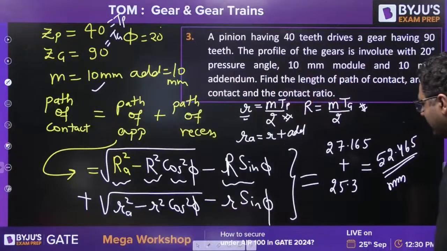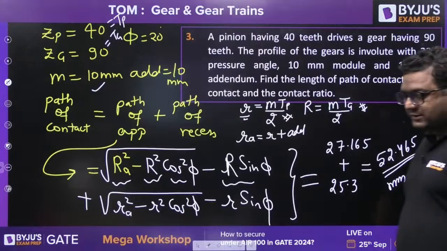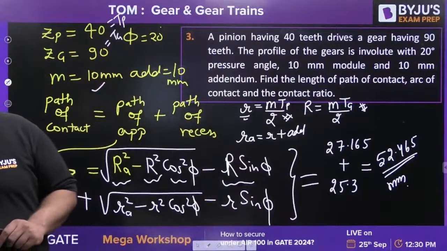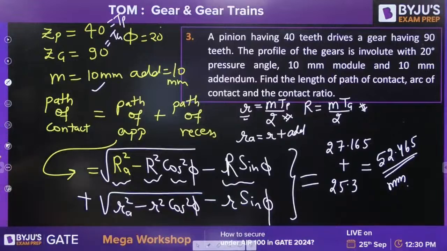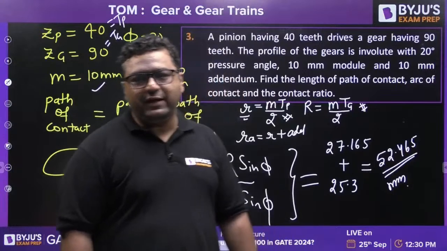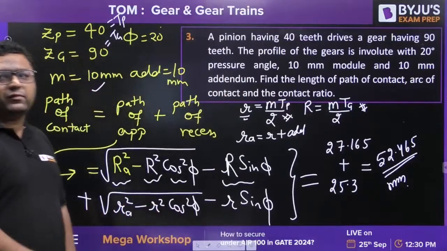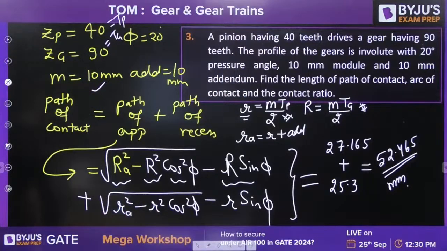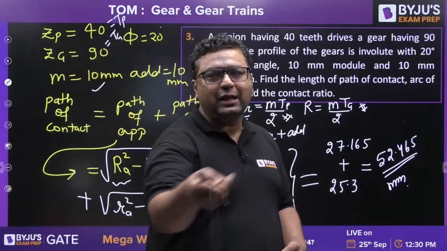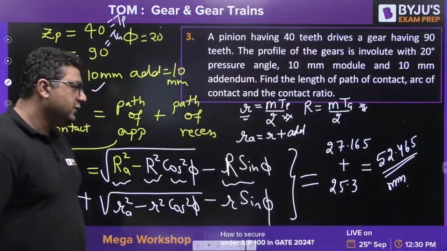And once you get this, you can find out now the arc of contact just by dividing it with the cos phi. Yes guys, solve it. Yes, very good Kalpesh. So Kalpesh has found the right values of path of approach and path of recess.